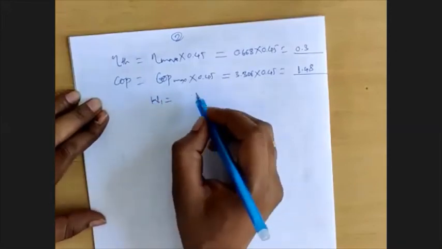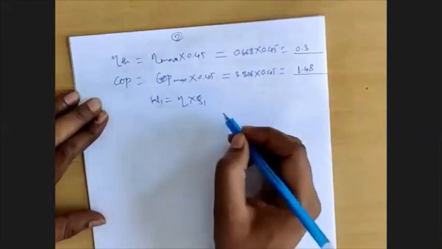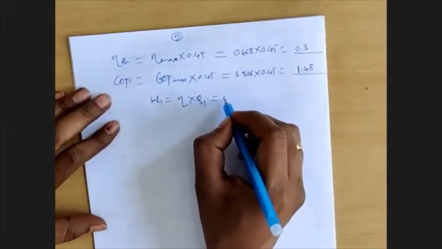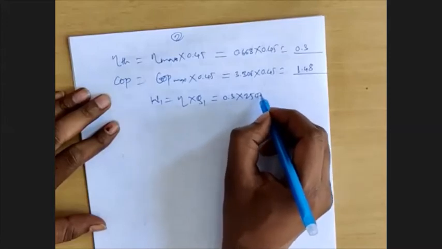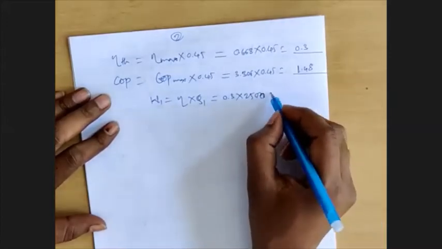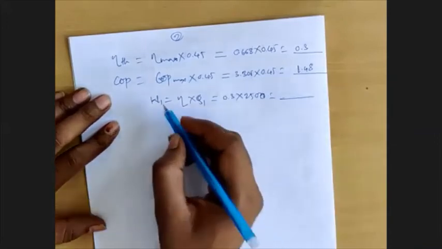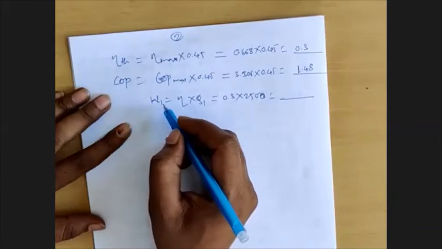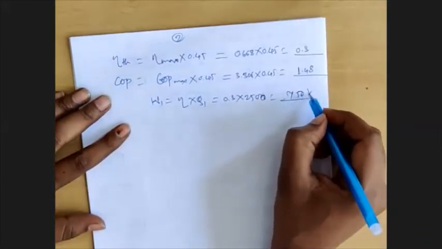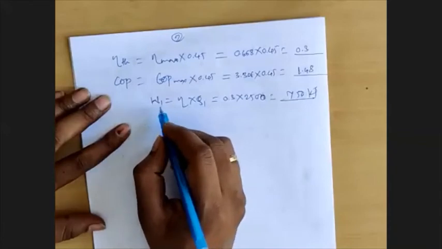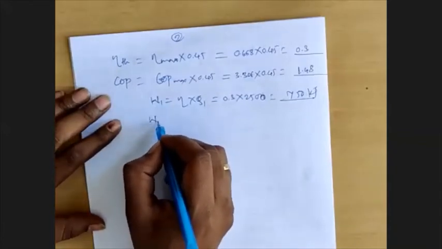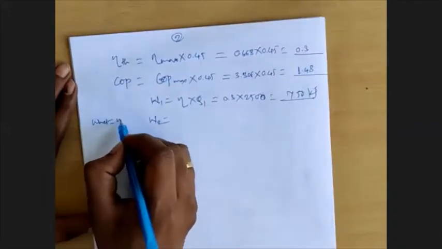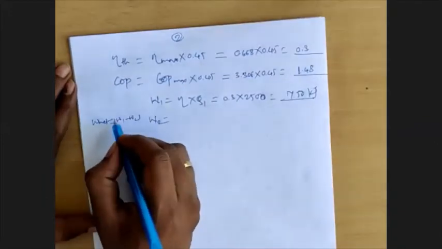So now W1 is equal to N into Q1. I'm not going to take you to the sketch again, you can do that on your own. 0.3 into 2500. Tell me the answer. We are calculating W1 of the engine. That is 750 kilojoules. From this one, we need to find W2. We know that W net is equal to W1 minus W2, and this is 400.